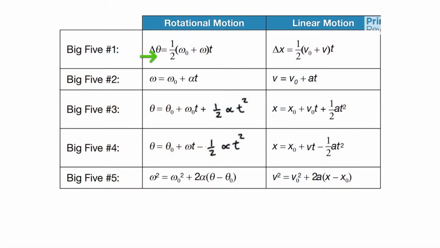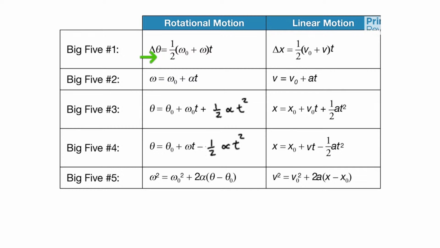So instead of the displacement being, say, like the change in an x coordinate, the displacement now is more like what angle did you sweep out as you were going through a certain turn. So delta theta for the displacement. We'll use omegas for the velocities and alpha for the rotational acceleration. So same equations, we're just swapping out the variables with these curvier Greek letters to denote that curvy rotational motion.